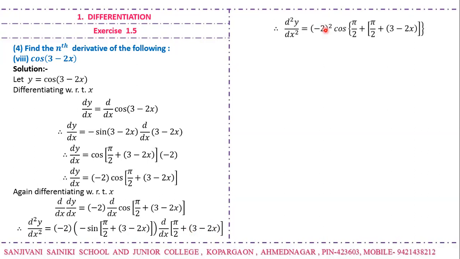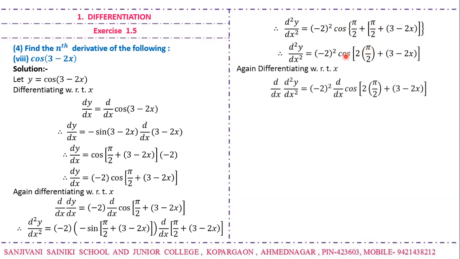So minus 2 into the previous minus 2, combined together, we get minus 2 squared. Then this minus sin theta, I can write as cos 90 plus theta. Then pi by 2 and this pi by 2, I will write as 2 times pi by 2. So minus 2 squared into cos of 2 times pi by 2 plus 3 minus 2x is the second order derivative. Now we will go for the third order derivative.